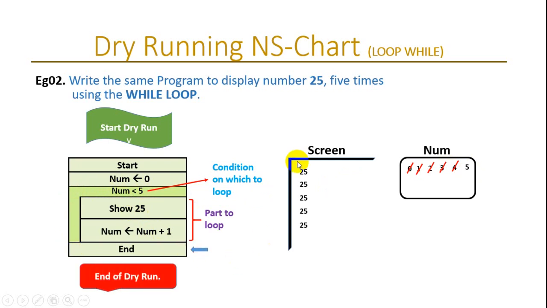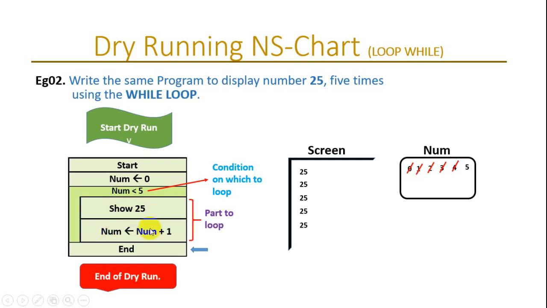And that's the end of the dry run. See, we did the same thing like we did in our previous flowchart, just showing 25 5 times. This also did the same job. We are seeing 25 5 times on the screen, and for that we have used a variable called num to loop. And remember, since we are checking num less than 5, inside the loop there must be a command to change the value of num, which is this one.